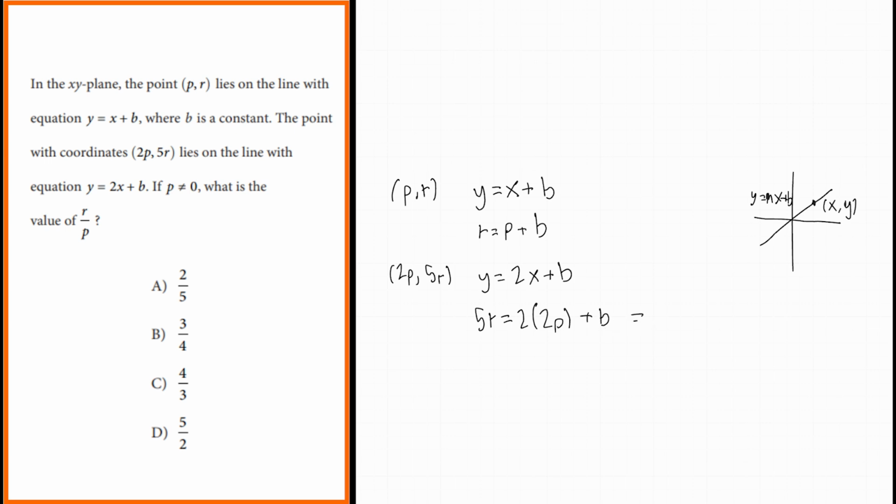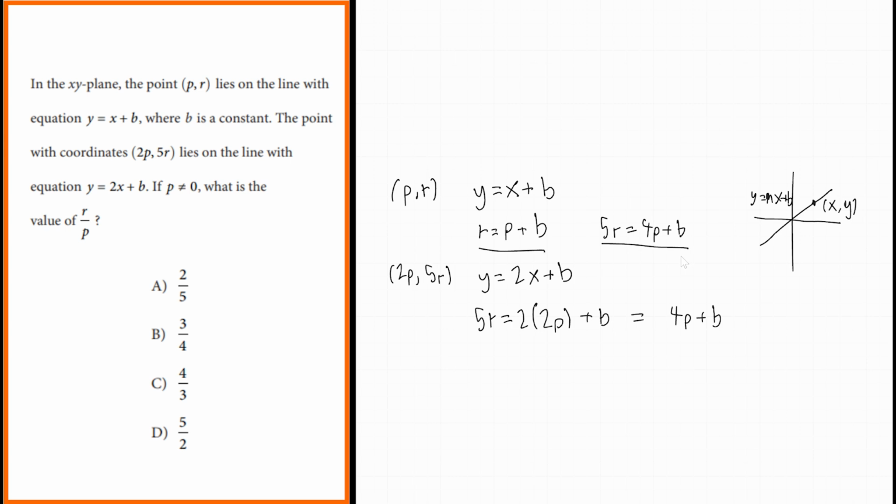This, of course, can be simplified to just 4p plus b. And so now I'll write it up here. This 5r equals 4p plus b.